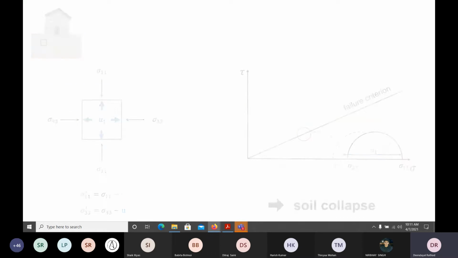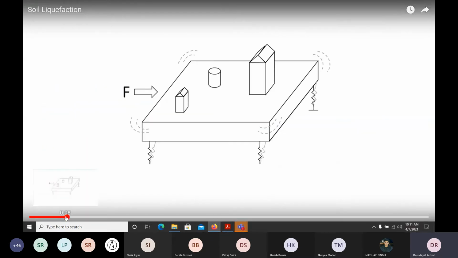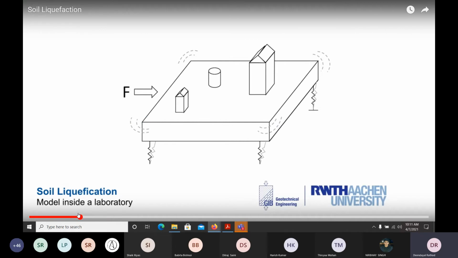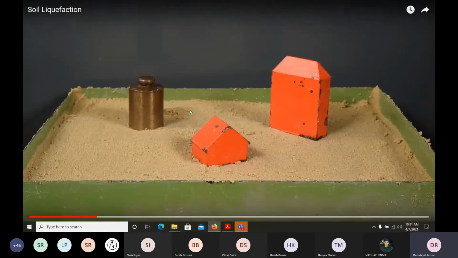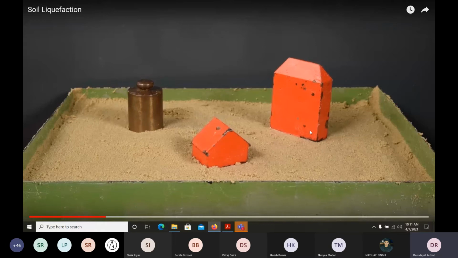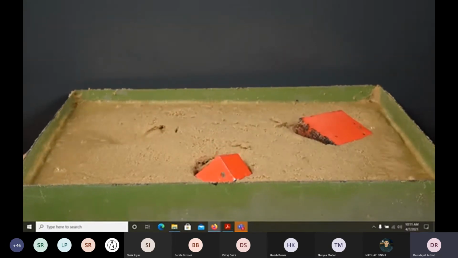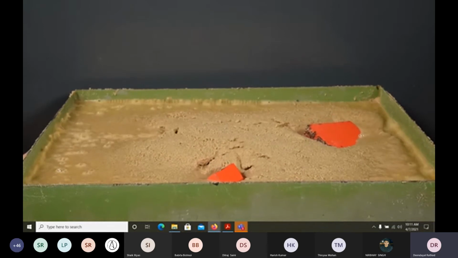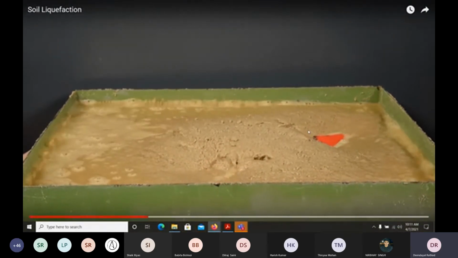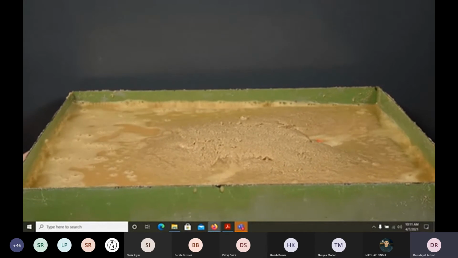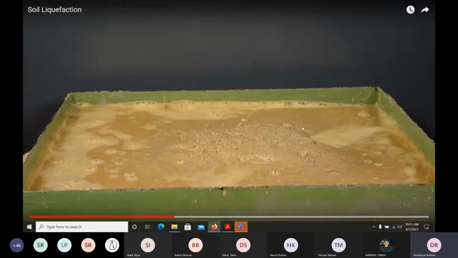The pore pressure keeps increasing. This kind of test we can do in our laboratory also. Now, happily standing buildings become unstable. Here the shake table is moving, with its amplitude and frequency. That's all.